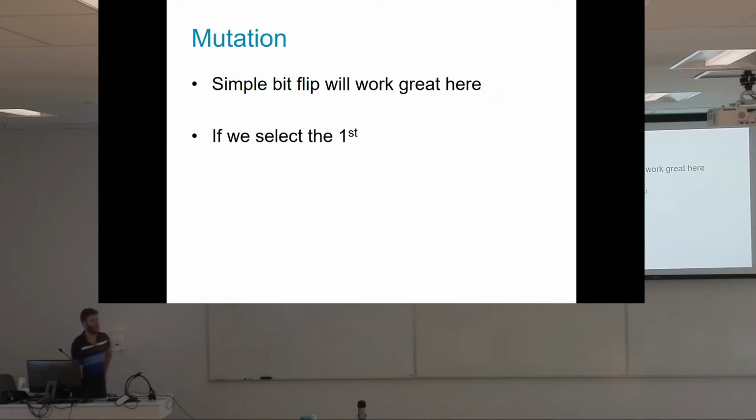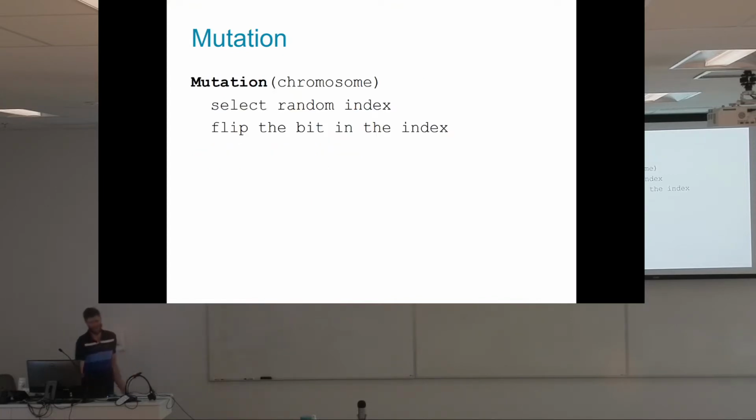I don't need to get fancy with that pick 2 and flip, because the numbers aren't supposed to be unique. So I could just pick a single bit, and if it's a 0, make it a 1. If it's a 1, make it a 0. Why? Because it's easy. I like easy. Perfect. I selected this one, and it turned into a 1.